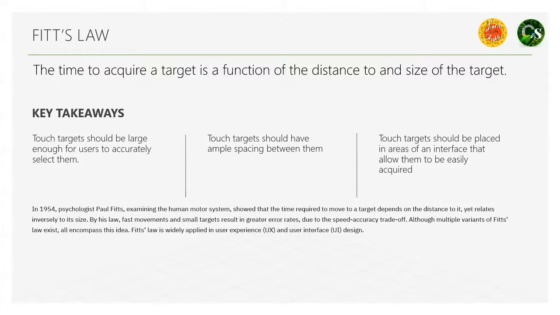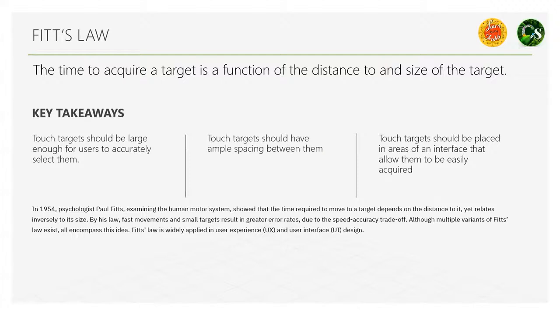Also understand, we should have ample space between different targets so that they do not overlap. You are using a finger, so that's the reason your two targets should have ample space between them, so that when I'm clicking one button, I should not mistakenly click another button.